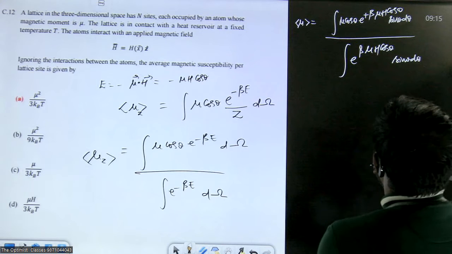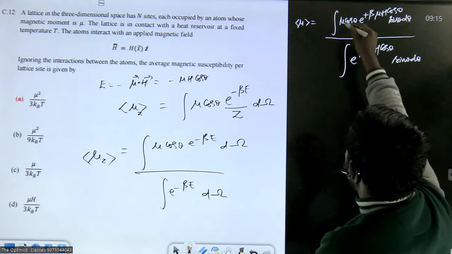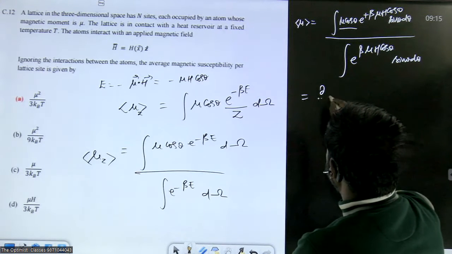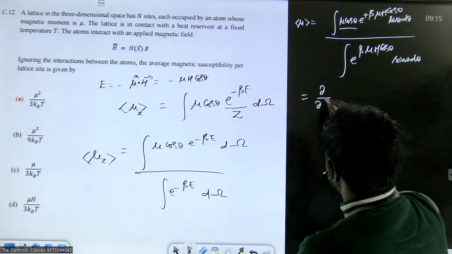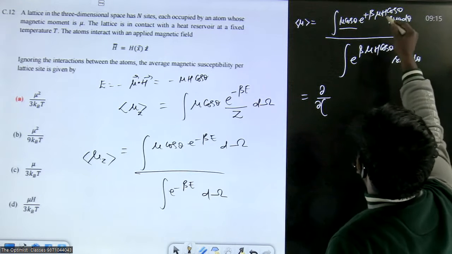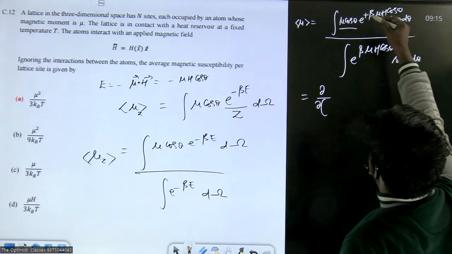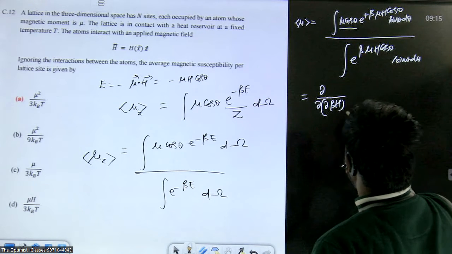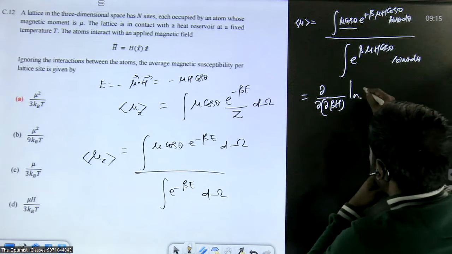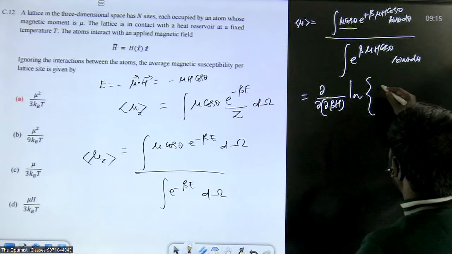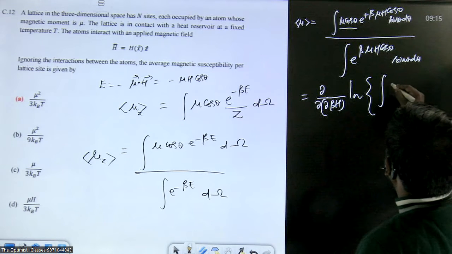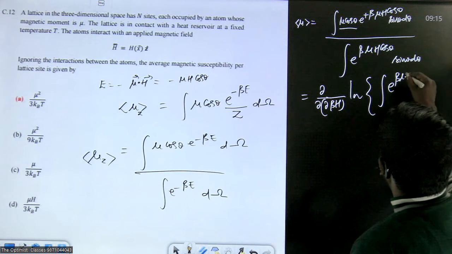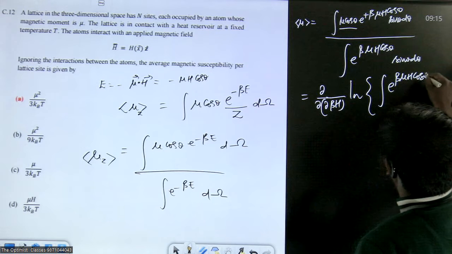So this we can simplify. There is a mu cos theta term here, so we can write this as d by d of, see, this mu and cos theta is coming out, so we can differentiate with respect to beta and H. So you can write it like this: ln of the integration of e to the power beta mu H cos theta, with sine theta d theta.